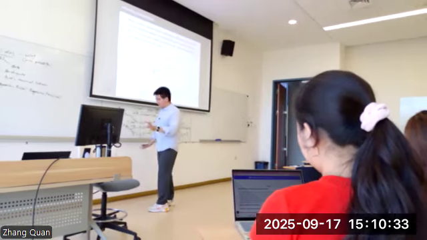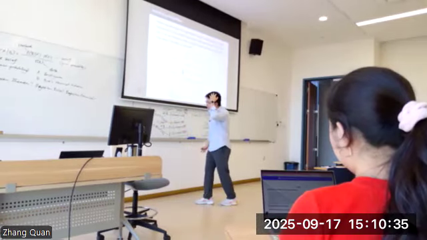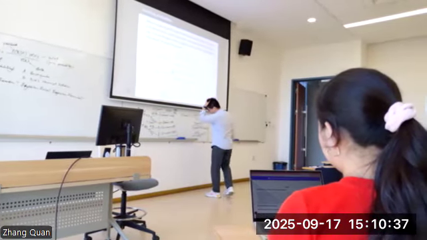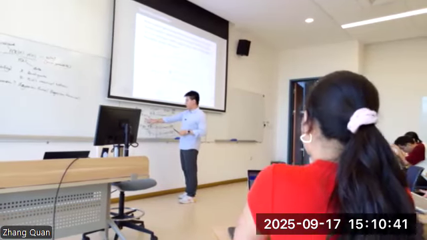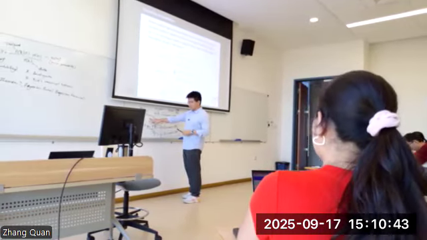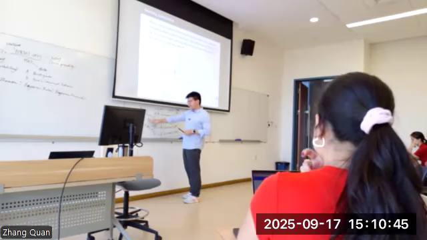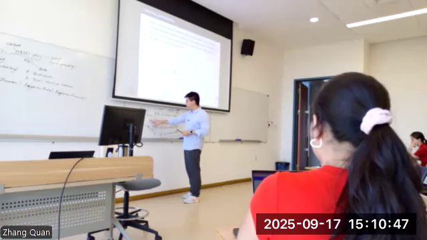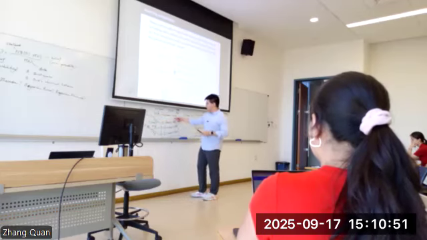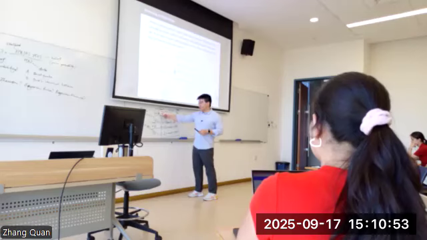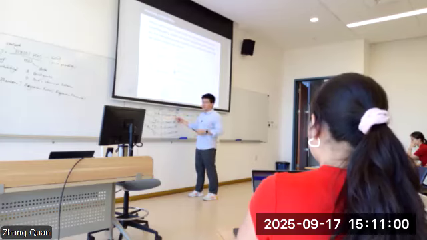Okay, let me try to explain this a little bit. That is because the population who truly have this cancer is, in terms of number, actually very small, less than 2%. That makes it so that even if you have a good method to test, even if you change this to 99%, this number will still be very small.